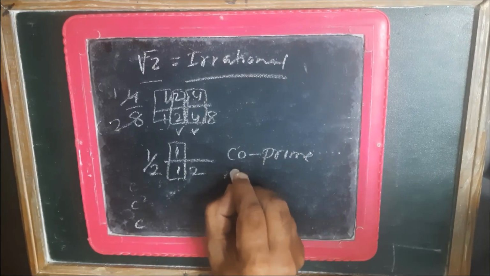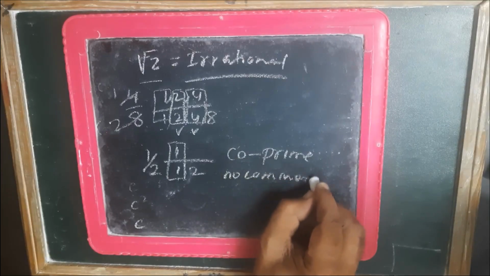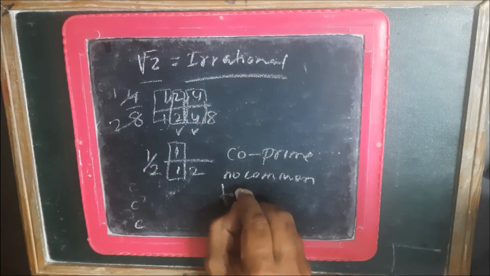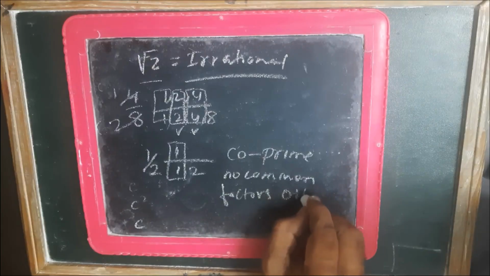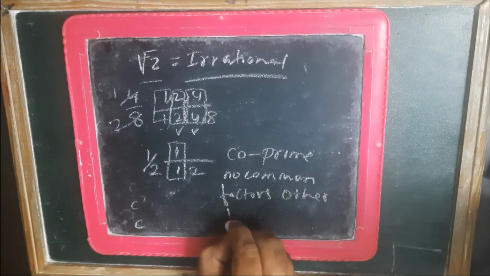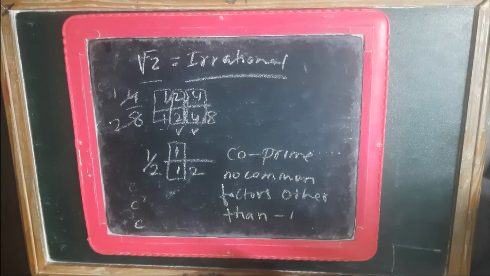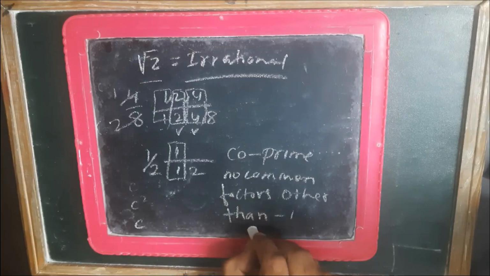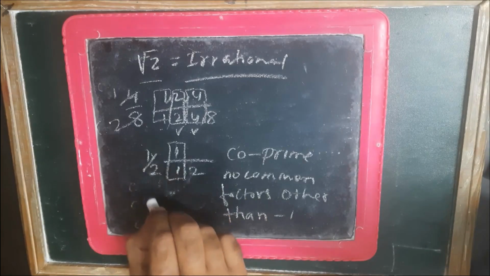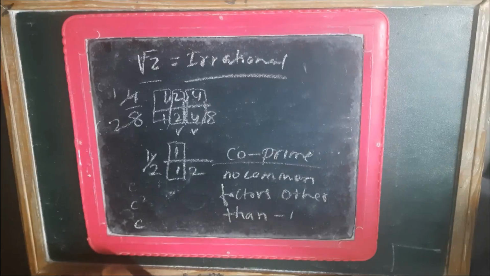That means no common factors other than 1. So when there are no common factors other than 1 between two numbers, we call these two numbers co-prime.